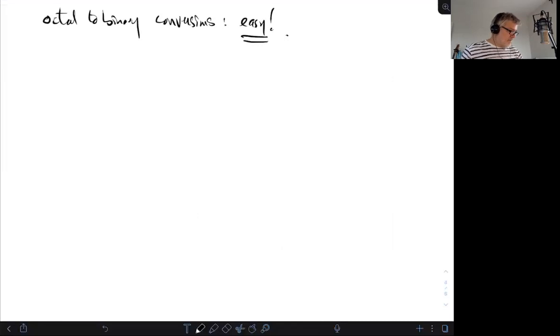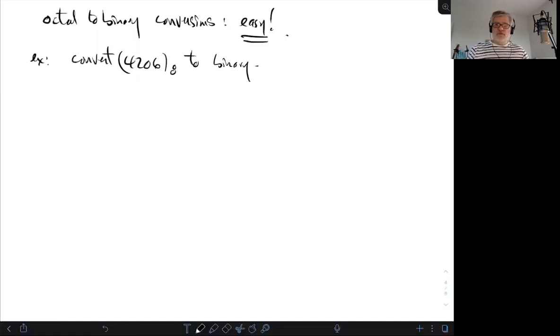Okay, so let's just illustrate this. Here's an example. Convert 4206 octal to binary. Okay, so I just look at each octal digit and write it on 3 bits, and that's it. So let's look at 6. What is 6 in binary on 3 bits?